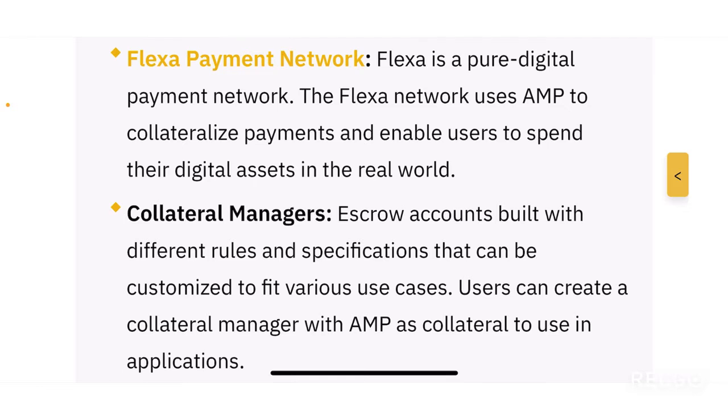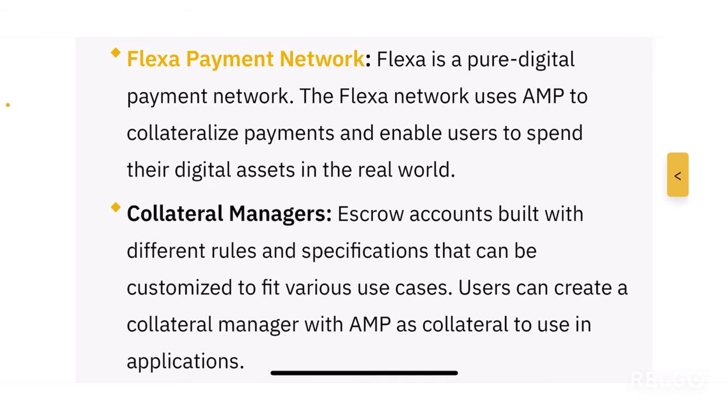It doesn't necessarily allow for any other form of functionality, apart from a smart contract functionality that allows people to lock their AMP tokens when they're trying to facilitate payments, because you need to stake your AMP tokens with the smart contract in order to facilitate payments. But apart from that, it's a purely digital decentralized payment network, which is solely used for payment purposes, right?